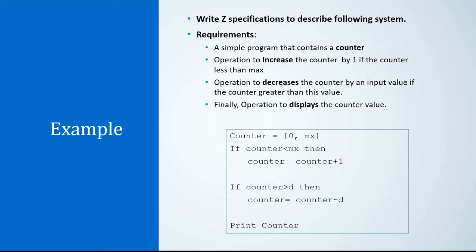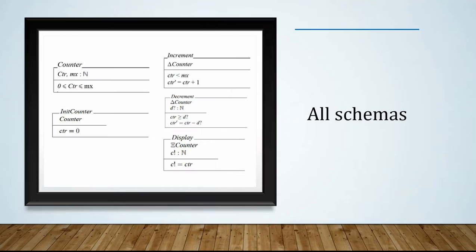We took a small example, the counter, and saw how to write the specification for it. This was the complete specification using Z notation. We started with the counter as the state schema, which is the structure: what variables we use in this specification.